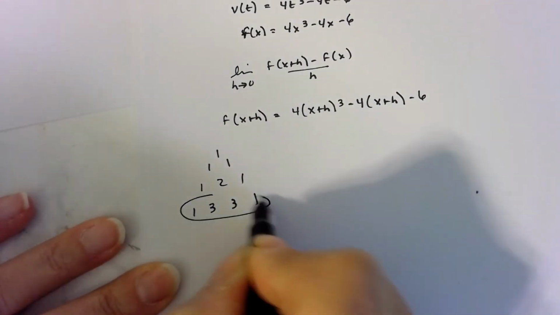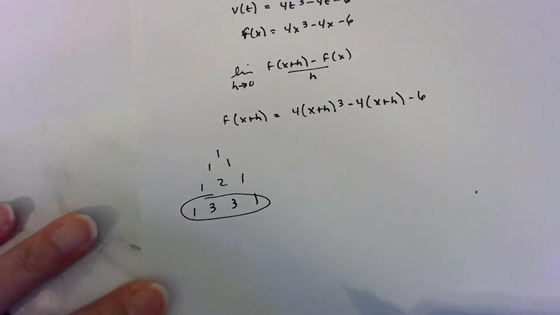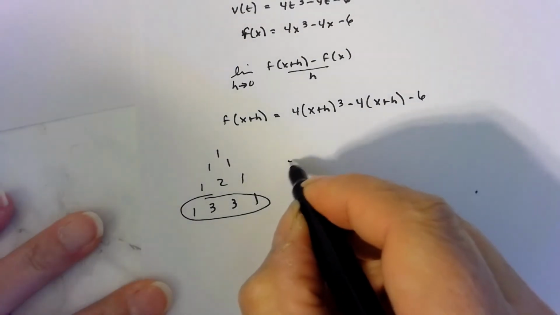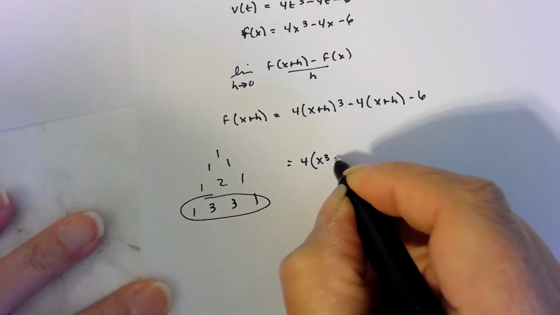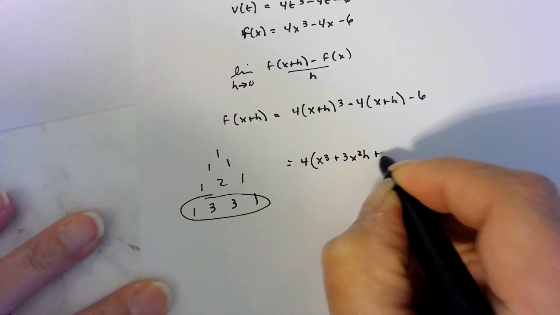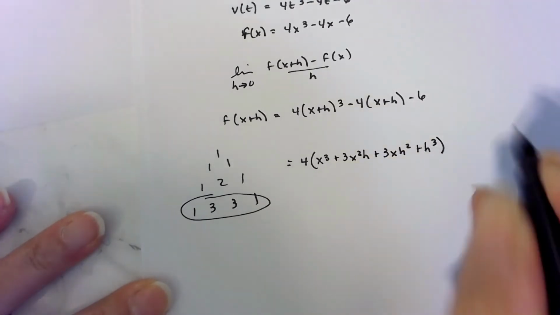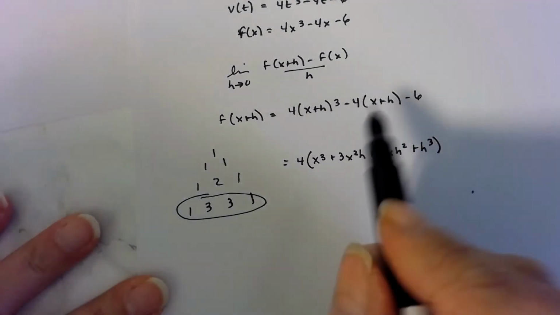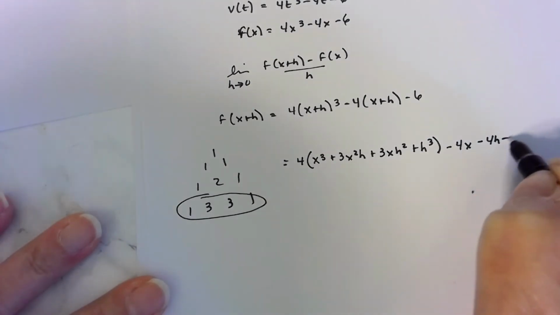So this is the third row, okay, because there's a 3 in the second position. So that's going to be equal to 4. Now I'm going to expand this out. x cubed plus 3x squared h plus 3xh squared plus h cubed. See how easy that is? And I'm going to distribute here negative 4x minus 4h minus 6.